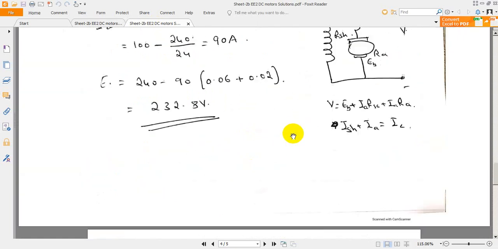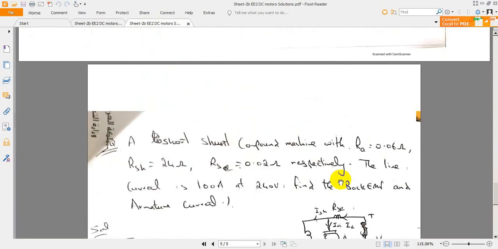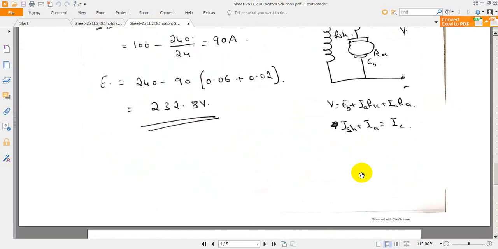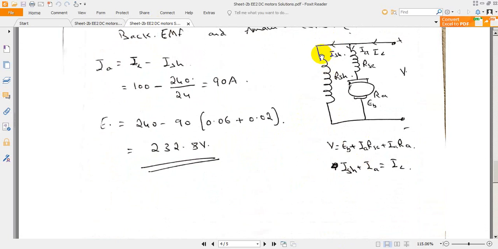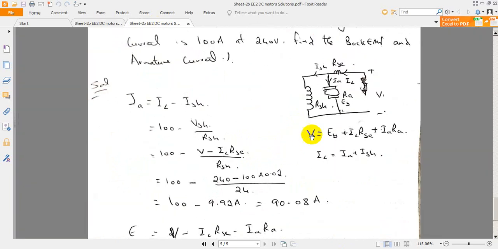See the circuit. If we compare this circuit and the previous circuit, the main field winding is connected here. It means it is parallel to the armature itself, and the remaining part, the series field winding, is connected here.